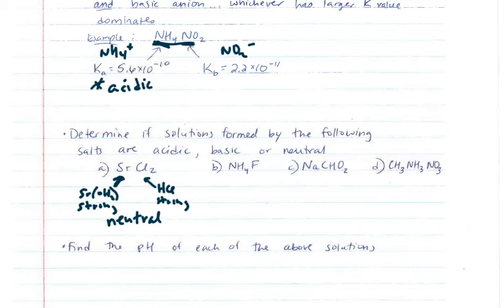B, NH4 and F are the two ions. NH4 plus comes from NH3, which is a weak base. And so NH4 does have a Ka value. If we look it up on the table, it has a Ka of 5.6 times 10 to the negative 10th.